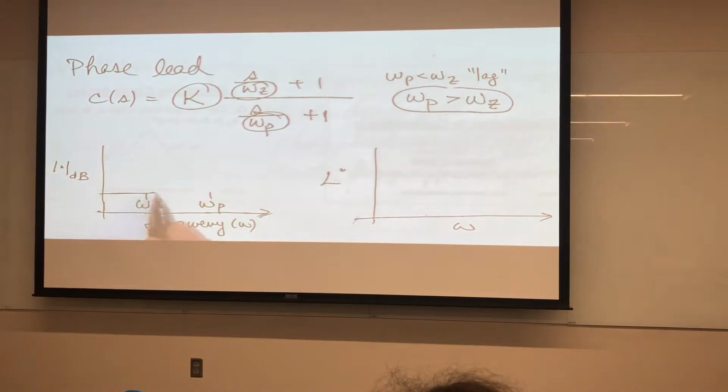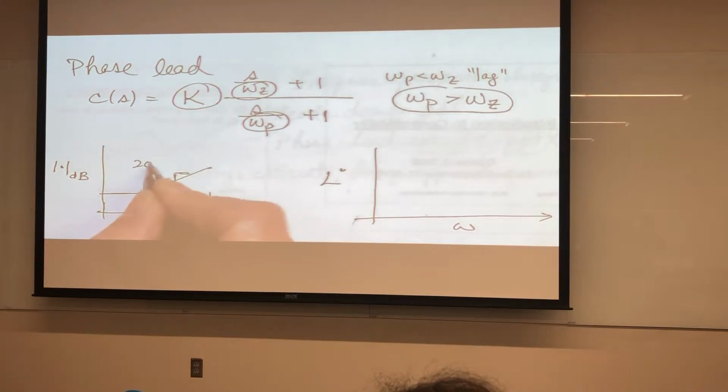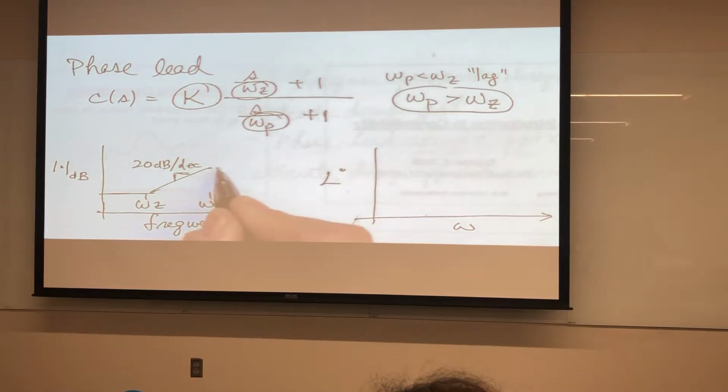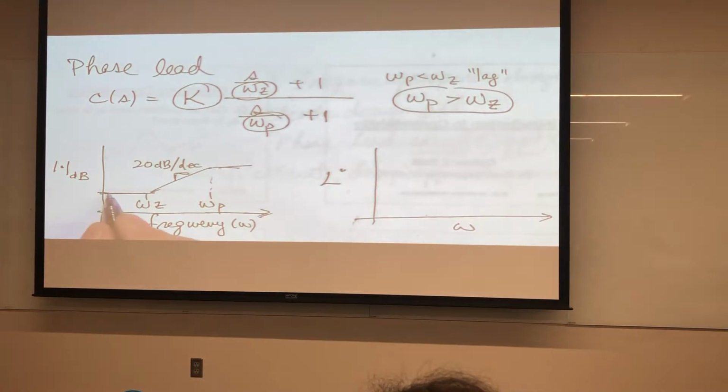And so the magnitude characteristic looks like this. It's flat until it hits the 0, and then it starts increasing at a rate of 20 dB per decade. And then when it hits the pole, it flattens out again. Let's take a look at the gain at low frequency.